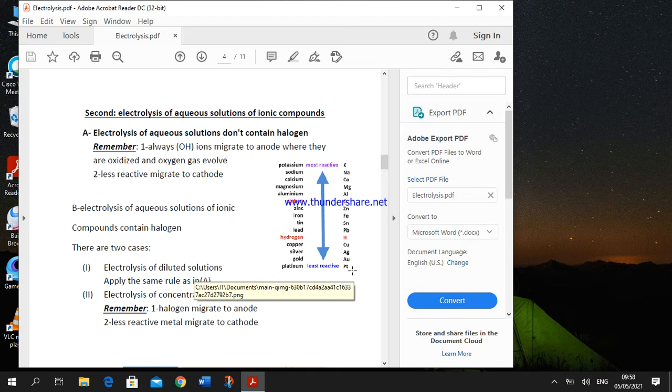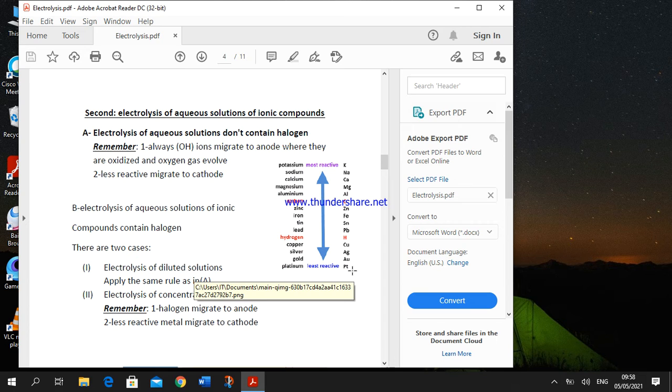In an aqueous solution of an ionic compound such as copper sulfate, the water ionizes into hydrogen positive ions and hydroxide negative ions, and the copper sulfate also ionizes into copper positive ions and sulfate negative ions. We have a rule of electrolysis in this case.